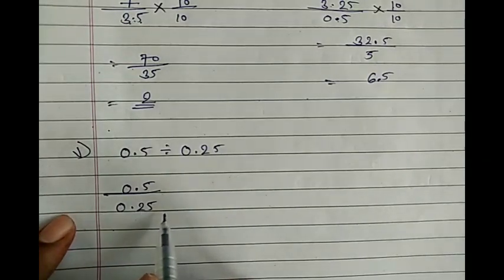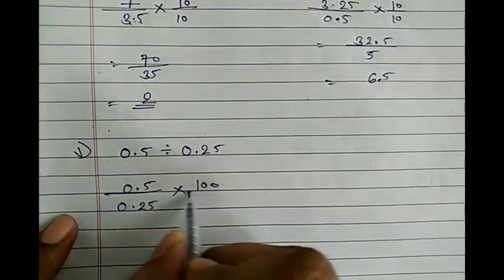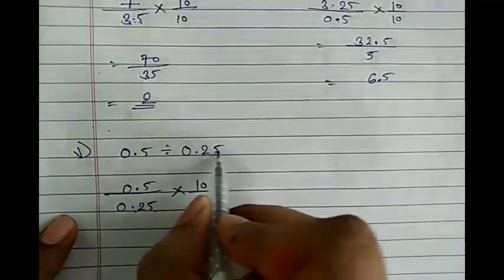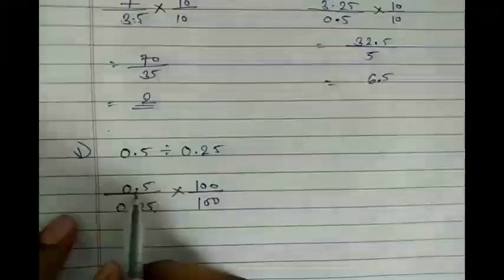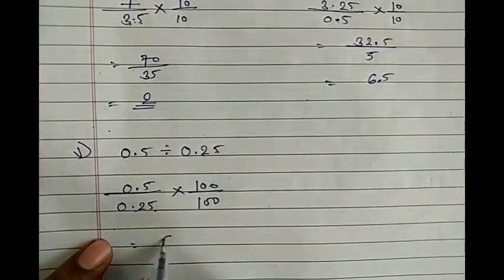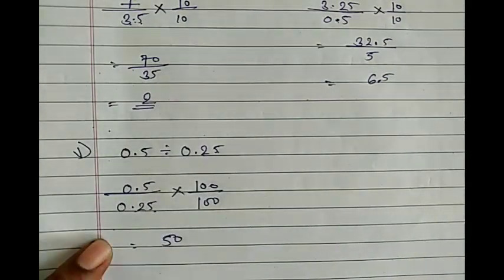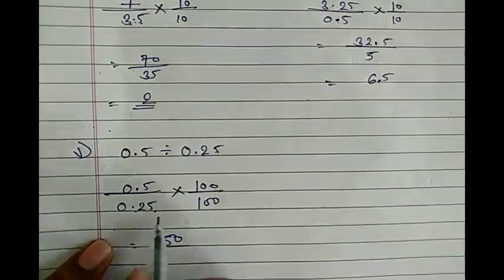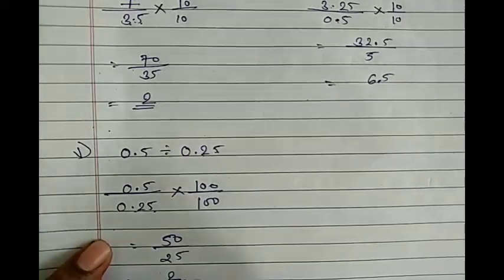There are two digits after the decimal, so we multiply both numerator and denominator by 100 because there are two digits after the decimal in the divisor. Two digits means multiply by 100. So when we multiply 0.5 by 100, we get 50 because the decimal goes two places forward, 1 and 2, and 0.25 multiplied by 100, we get 25. Now divide 50 by 25, so what do we get? 2. So our answer will be 2.